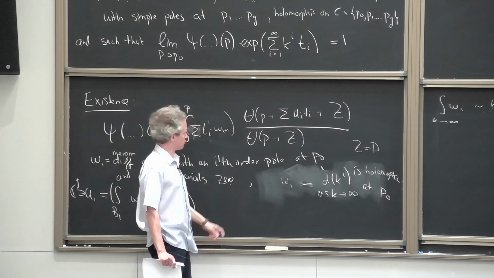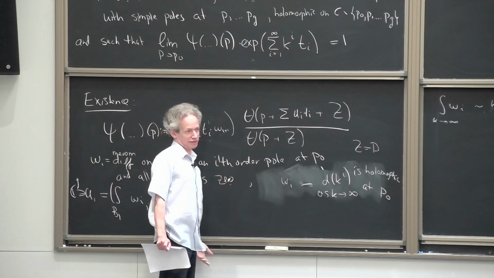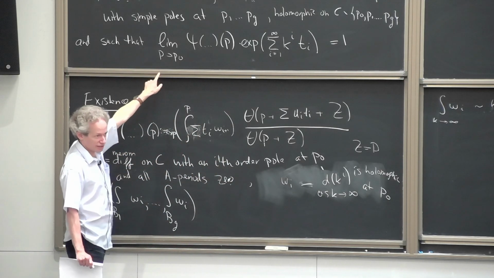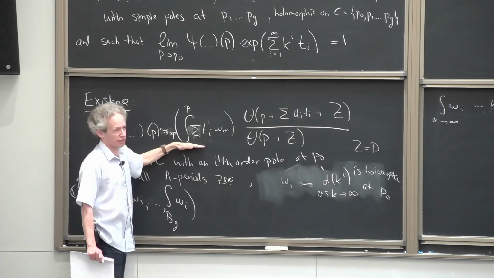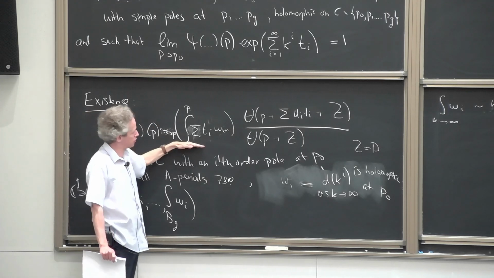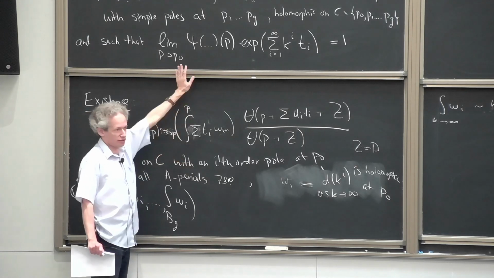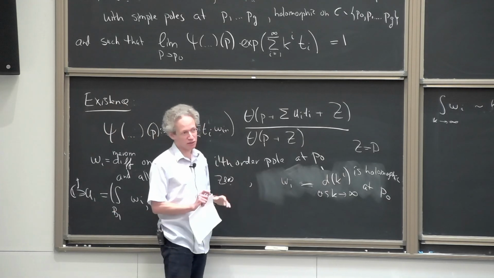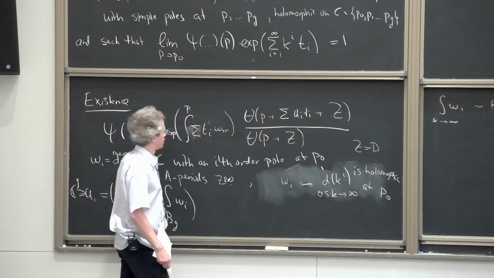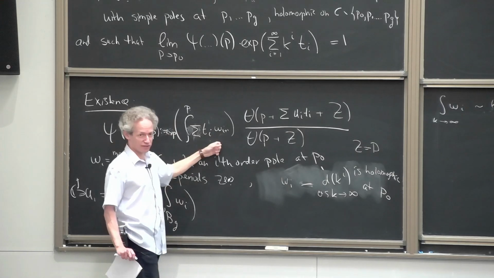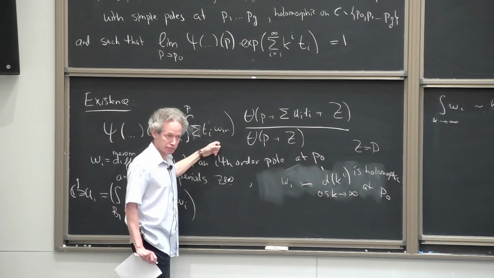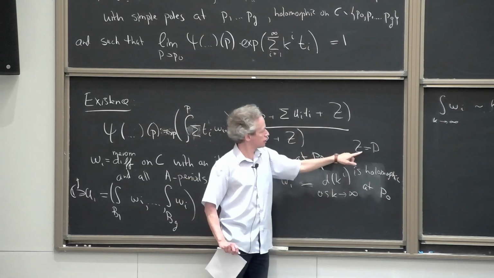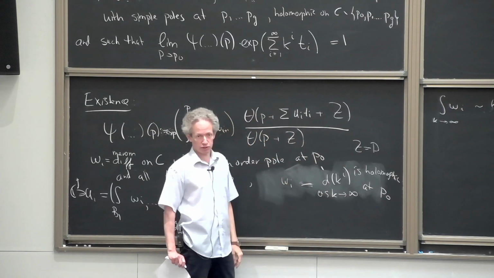Andrei is also right: if I knew uniqueness already, and if this formula has the correct expansion for some choice of the A and B periods, then of course this must be independent of the choice. But since I'm not proving uniqueness, and proving uniqueness I think is harder than just checking by hand that this is independent of the choices. Okay, and this will have poles precisely when P is one of the points P1, ..., Pg.